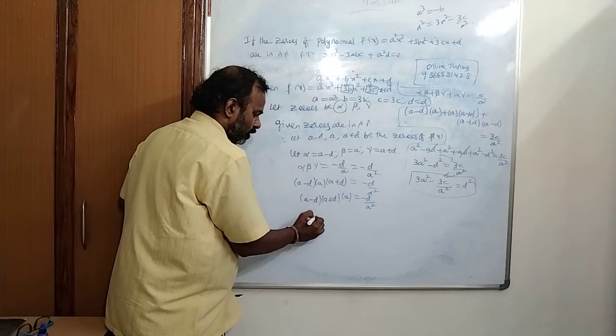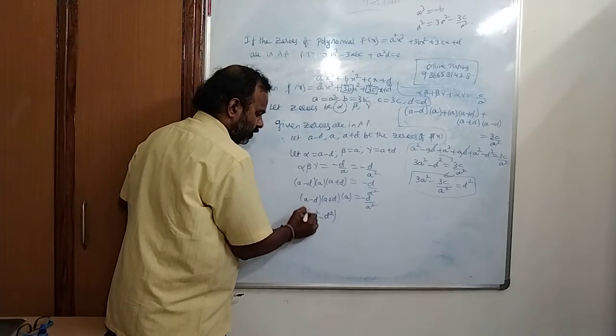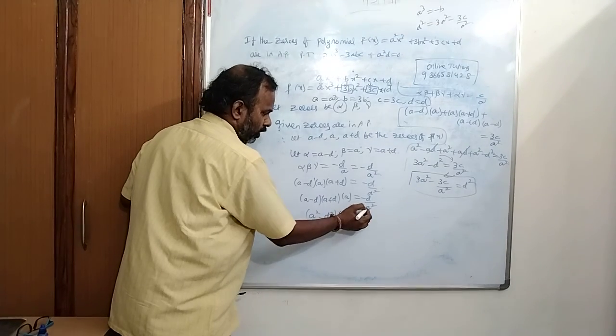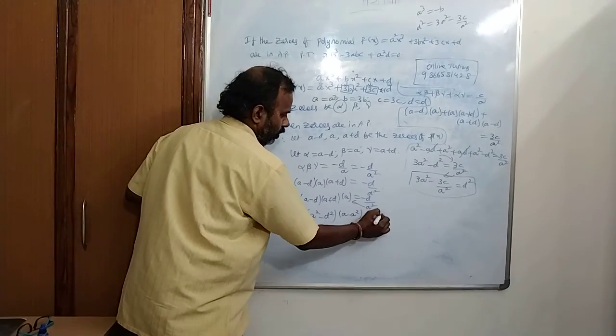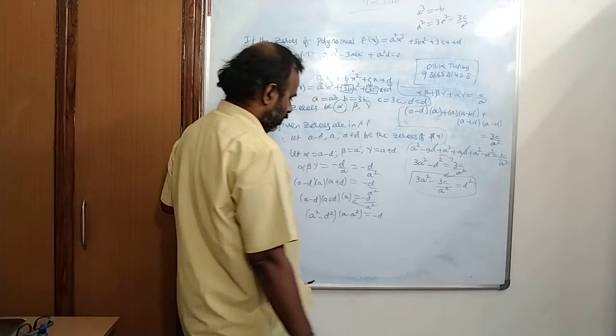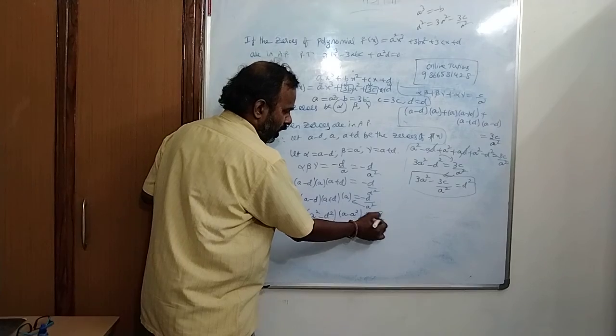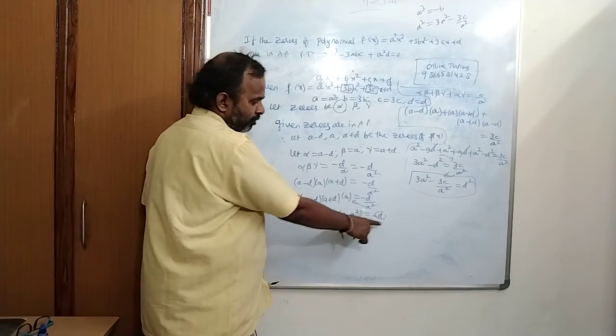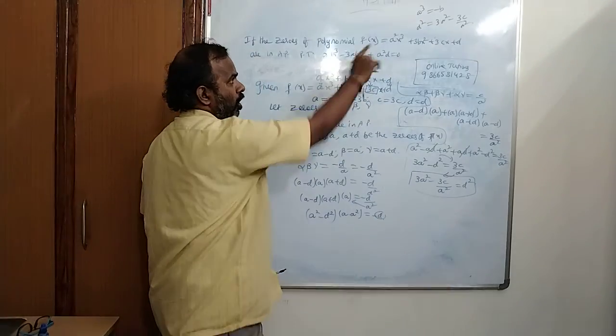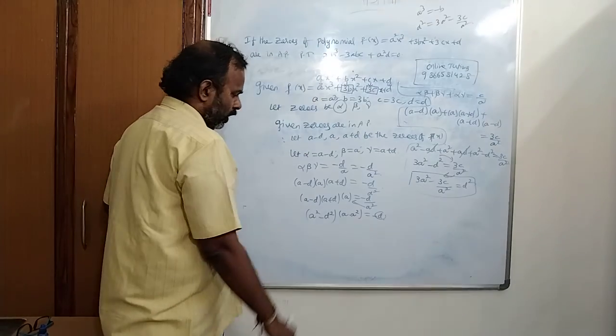So it is a square minus d square into a is equal to minus d by a square. This d is different from the other d, because this is the common difference and that d is the constant term in the given polynomial.